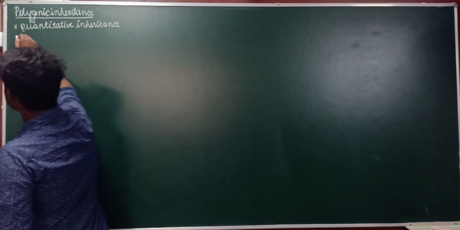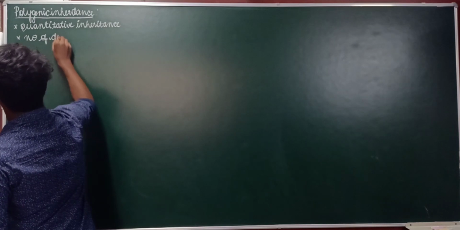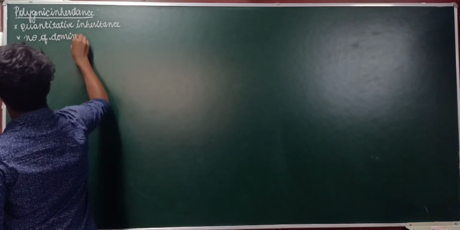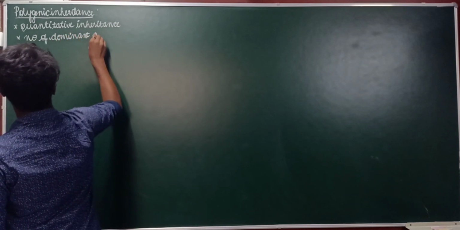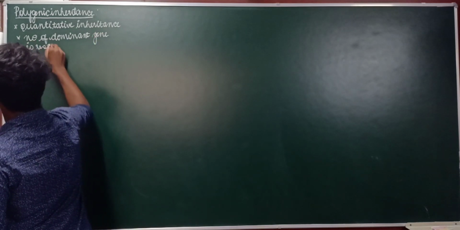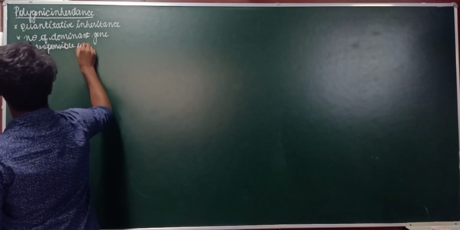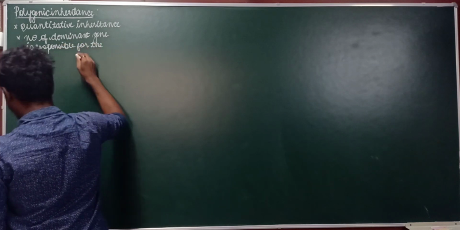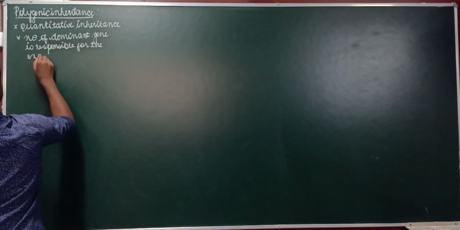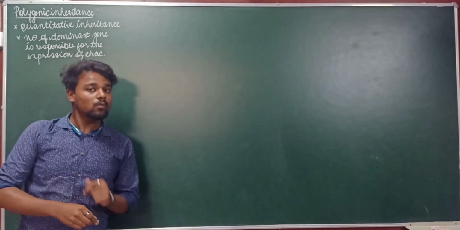So to put it in a very short form, the number of dominant genes is responsible for the expression of a character. I hope it is clear to all of you now.